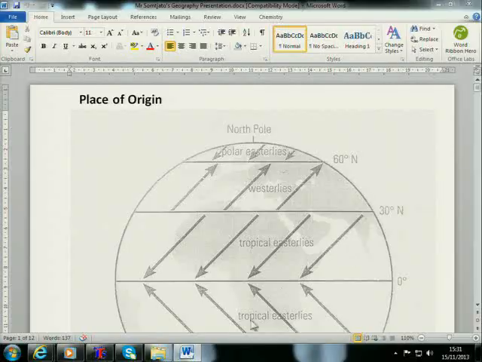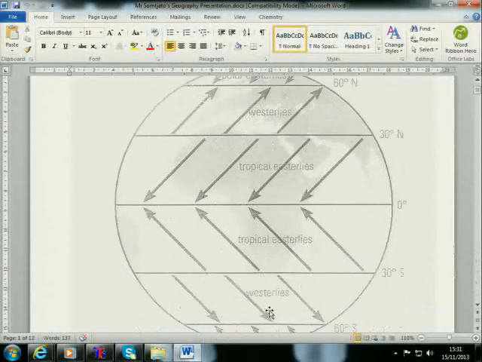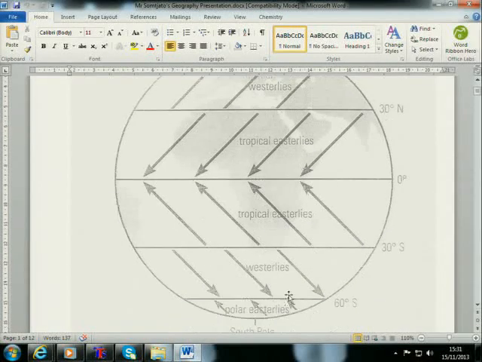Now, before we talk about the mid-latitude cyclone, we need to go to the place of origin. As we can see in the diagram, remember that the diagram indicates the pressure belts.